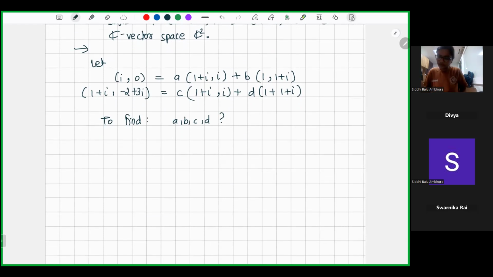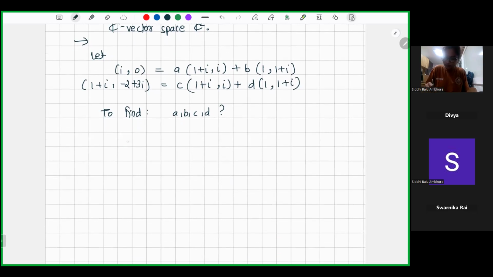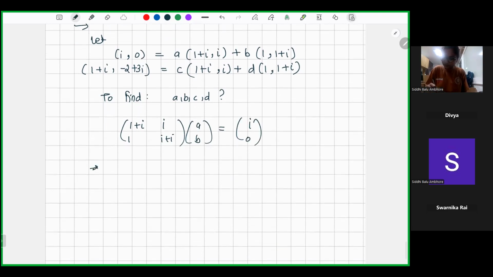What we have here is (1, 1+i)... Or we can just simply solve this system.